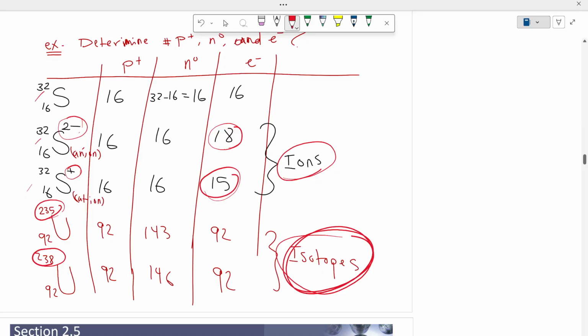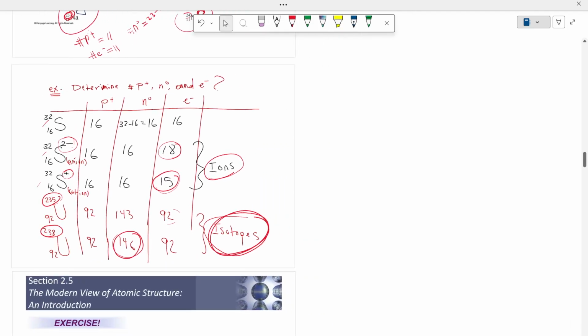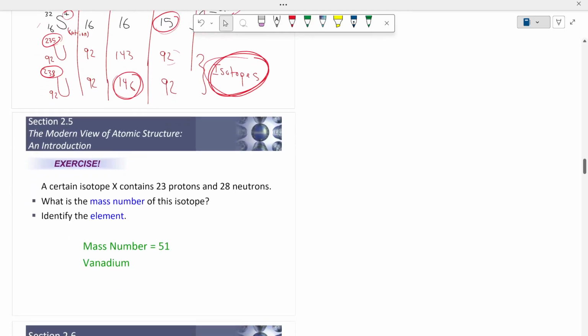Number of neutrons, subtract the mass number minus the number of protons, it will be 143, while the number of electrons is again 92 because this is neutral. And for 238, the number of neutrons is 146. This is the only difference between them. So they are isotopes. This is how to determine the number of protons, electrons, and neutrons for any given species.